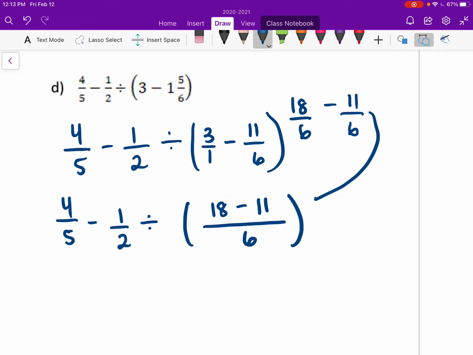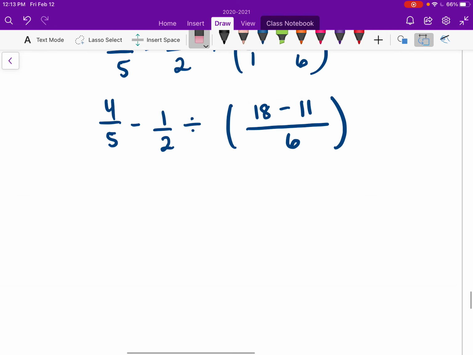So just another way of writing that is this way. It means the same thing. This is just a little cleaner to work with. Okay? So 4 over 5 minus 1 over 2 divided by 18 minus 11 is going to give me 7. Right? So I'm left with 7 over 6.